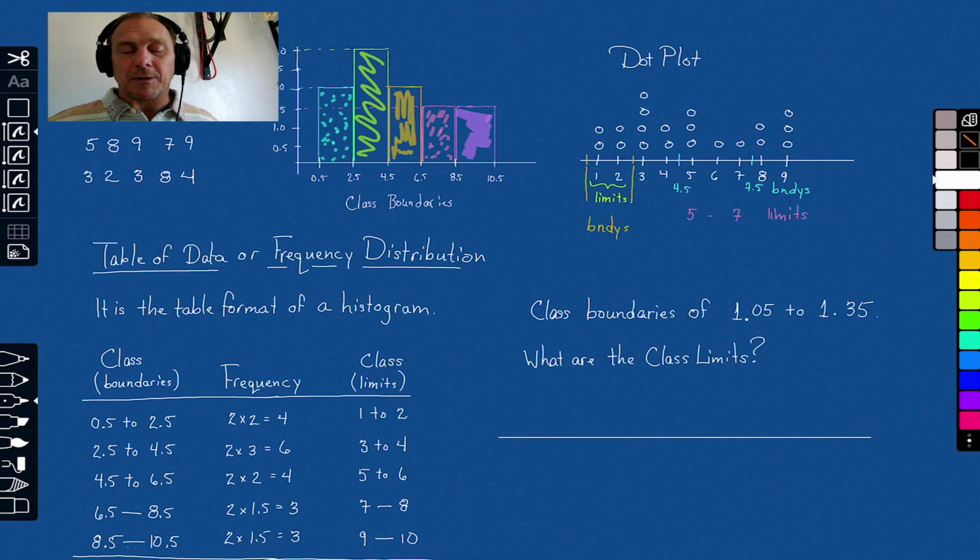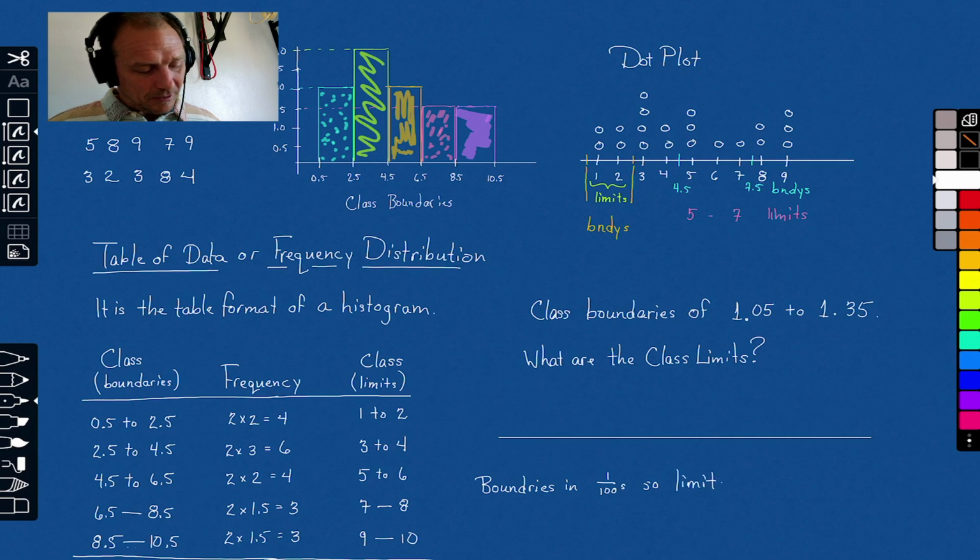If our boundaries are in hundredths, then the data limits must be in tenths. So in other words, 1.05, just above that would be 1.1.